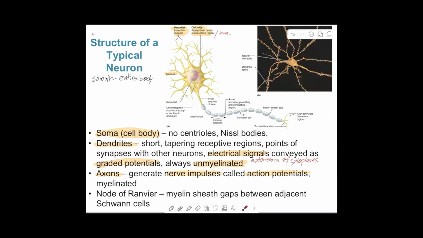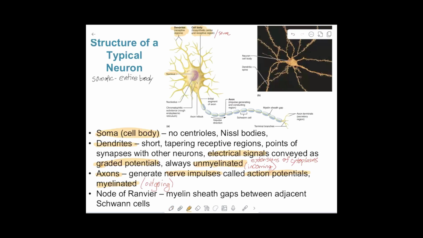We're going to learn this semester how action potentials are different from graded potentials. Axons are also myelinated, and they are responsible for outgoing signals, whereas the dendrites are responsible for incoming signals.